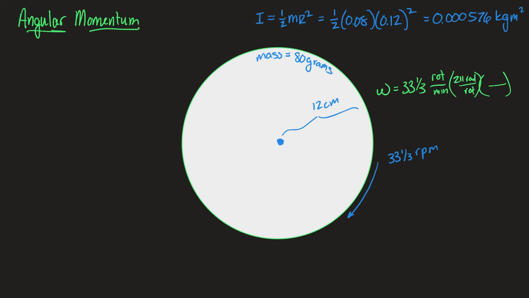So that's going to be 2 pi on the top and a 1 on the bottom. For every 1 rotation, 2 pi radians. And then at the same time, we're going to have to convert the minutes. So for every 1 minute, there are 60 seconds. So take a few moments, bang that out on your calculator. So I get a 3.49 radians per second.